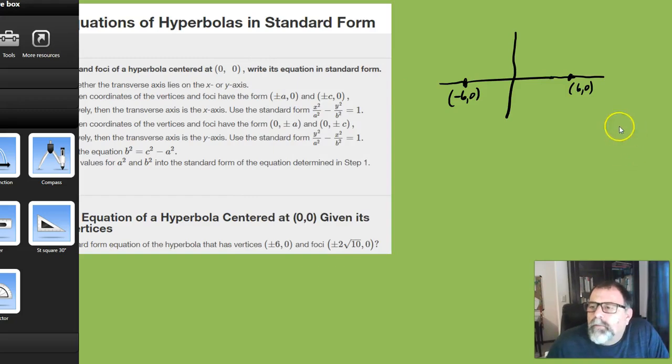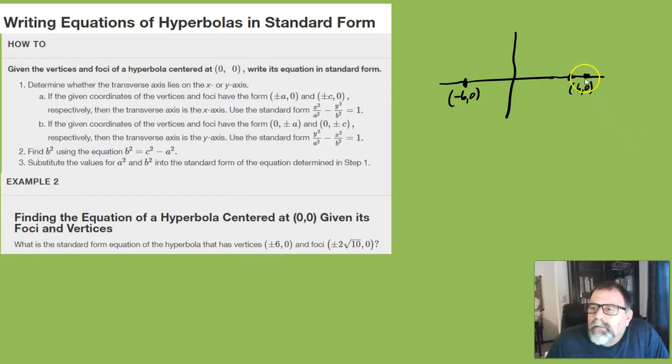Okay, so it's just a little past. I don't have to do it exactly because I'm not graphing or anything. I'm just using this to figure out, is it vertical or horizontal? You can do it even without looking at the graph. So this is my a. This is my c.